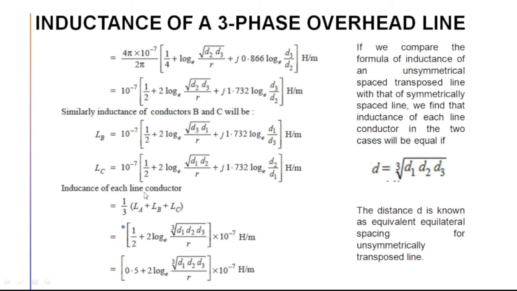And the inductance of each line conductor is La plus Lb plus Lc by 3, it will give the inductance of each line conductor.